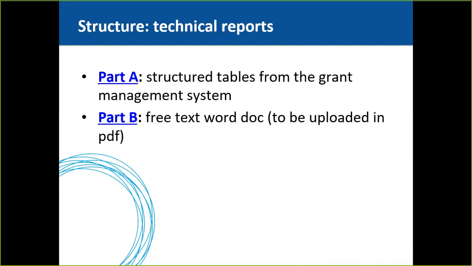Part B is a free-text Word document where all beneficiaries need to include explanations of the work carried out, an overview of the progress towards the project objectives, and justify any differences between the work that was expected and outlined in Annex 1 and the work that was actually carried out. If there are any differences, this is the section where one should explain why they occurred.